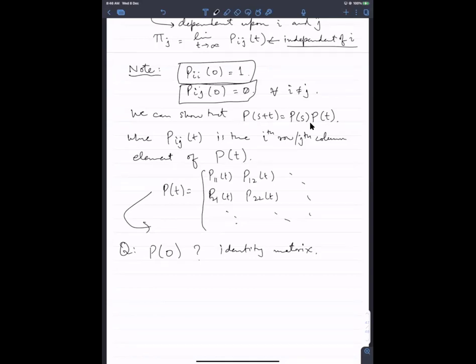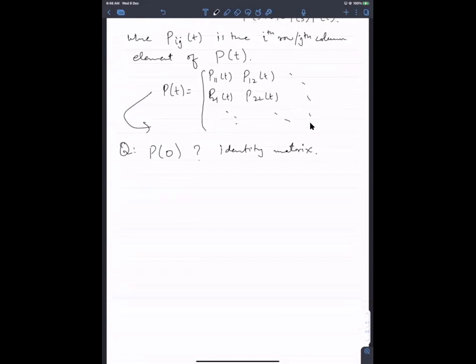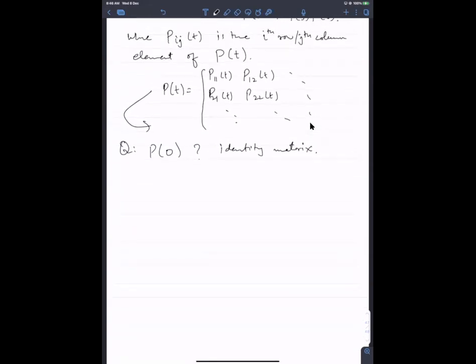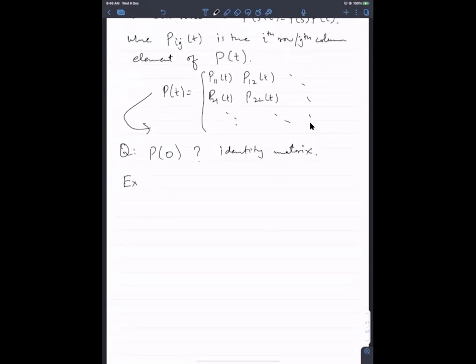Okay, so we are going to take a look at a couple of examples. एक दो examples देखते हैं. And the first example is a very simple one.